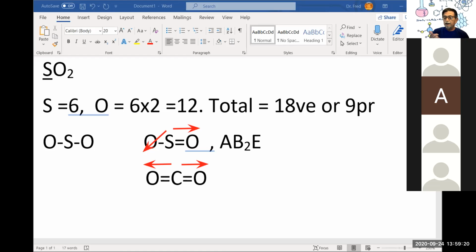If they do not cancel out, like the case of sulfur dioxide, due to the structure, which we determine using the Lewis dot structure, that it was the AB2E moiety, which gives us the bent structure, that means the polarity of the bonds do not cancel out. Therefore, it is a polar species, okay?